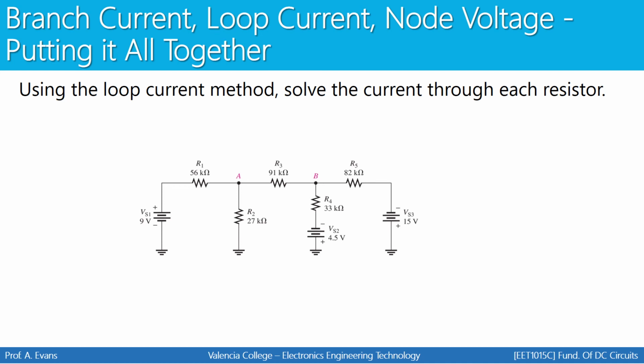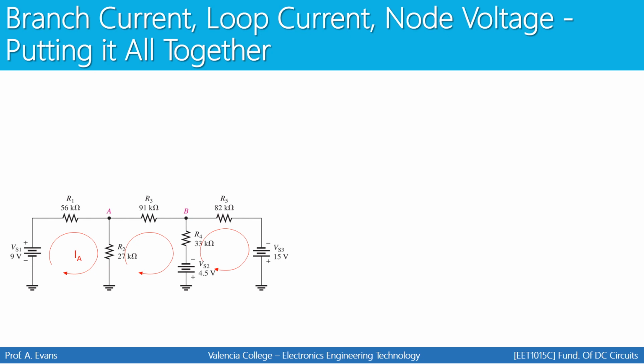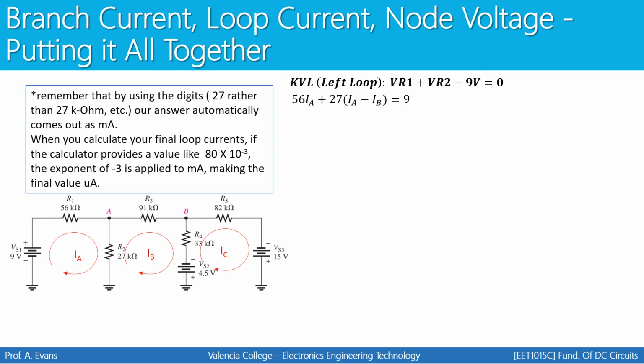So now we're going to use the loop current method on the exact same circuit and look at the differences. Here's my 3 loops, IA, IB, and IC. I'm going to do a KVL around each loop just like I did before. As I plug in my values for VR1 and VR2, I'm going to point out something important.